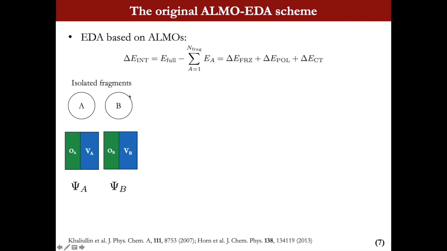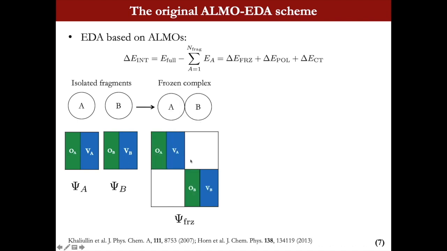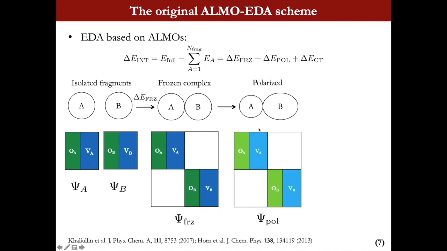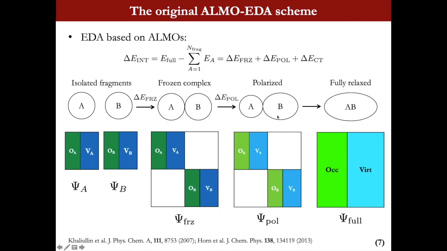So we start from the isolated fragments whose orbitals are optimized separately with fragment SCF, and then we bring them together into the complex geometry without relaxing their orbitals. The energy change of this step is defined as the frozen interaction. Then we allow the orbitals to relax on each fragment, and this energy lowering is the polarization term. And finally, we remove all the constraints and allow the charge to flow between fragments, and the final energy lowering is defined as the charge transfer term.